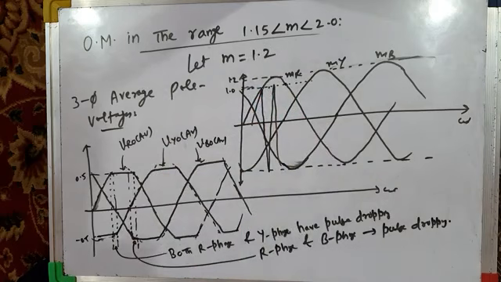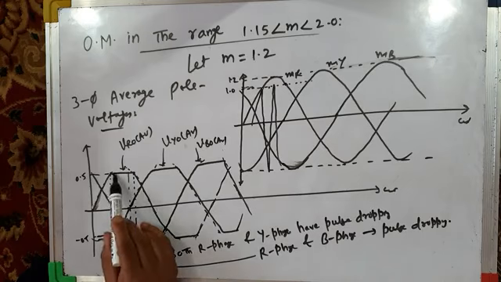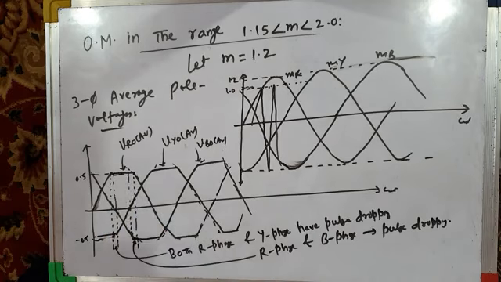Here I have taken m equal to 1.2, so there are certain time intervals for which two phase legs have pulse dropping and the third phase leg switches. Like during this period, R and Y phases have pulse dropping, B leg switches. During this period, R and B phases have pulse dropping and Y leg switches. And during this period, only R phase has pulse dropping, whereas Y and B phases switch.